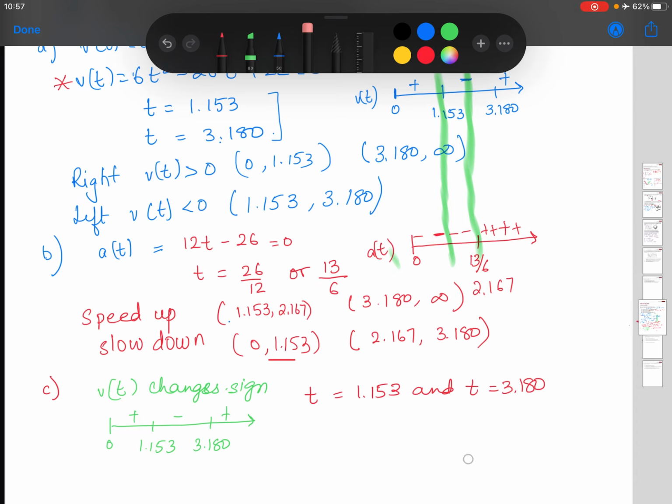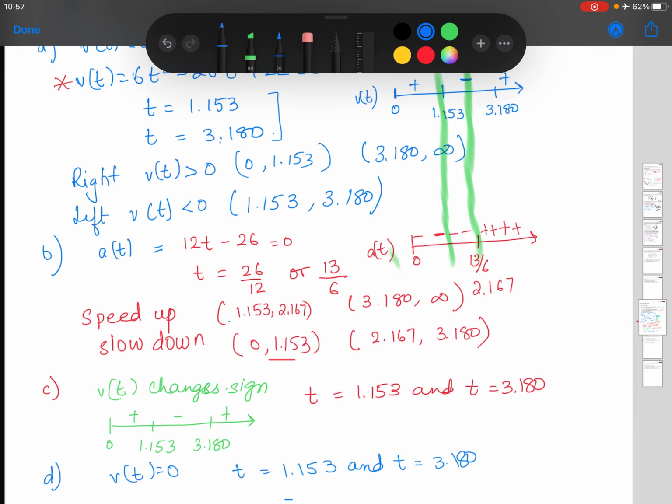Okay, so the next one, D, it's asking us, when is the particle at rest? We already talked about it in part A. So it is at rest when v of t is equal to 0, which is the same answer as C, which is t equals 1.153.